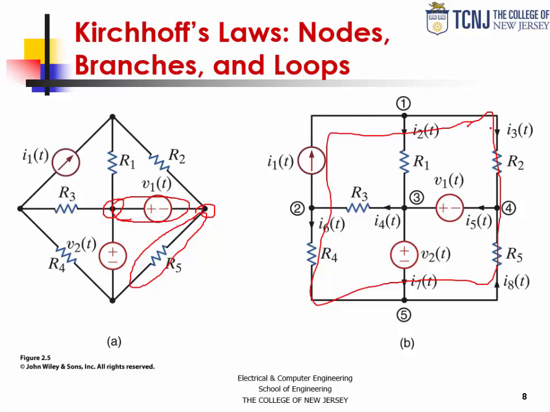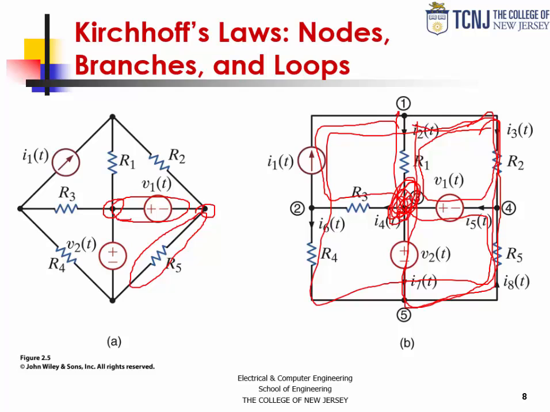We have also four loops here. We can also say that this is a loop. However, I cannot say that this is a loop. Why? Because I'm going then through this node twice, and that would fall outside the definition of a loop.